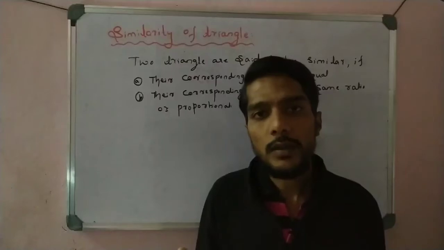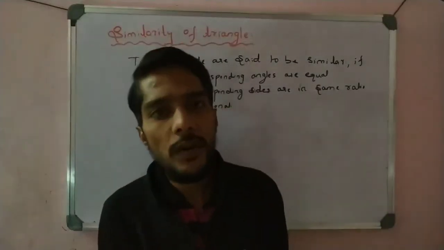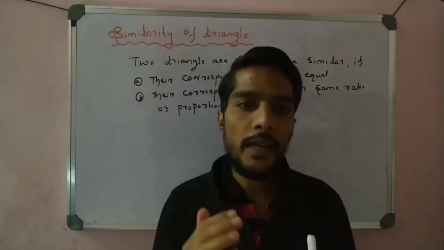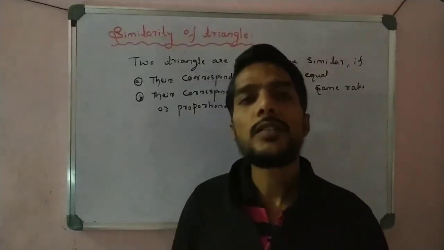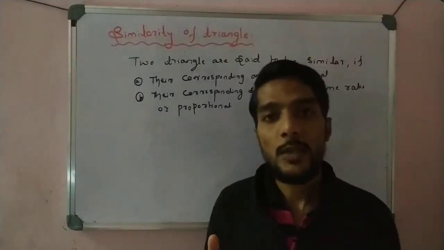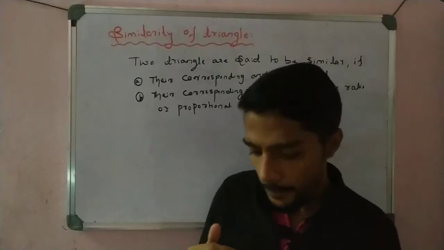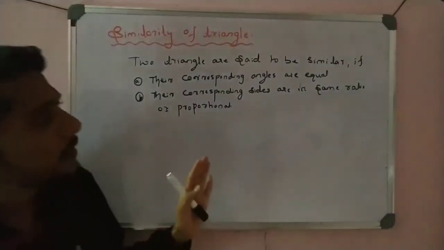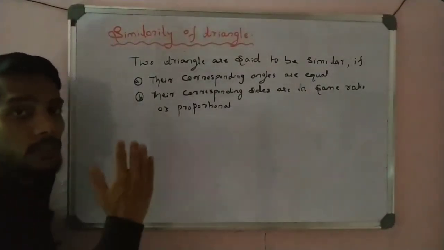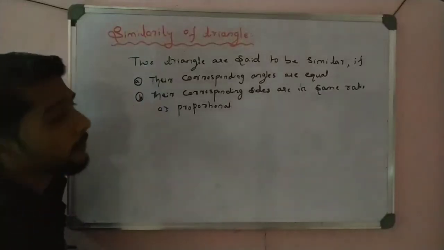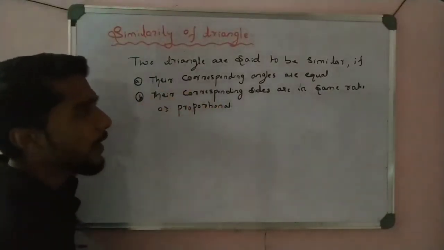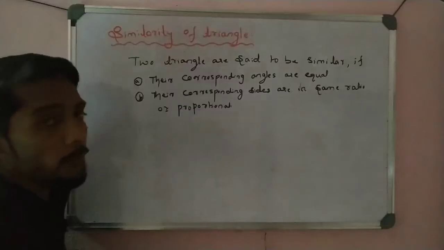When this relation is satisfied by any triangle, we say that it is a similar triangle. Let us start that theorem. But first, please write down this definition in your notebook, as the examination may ask you to define similar triangles: corresponding angles are equal and corresponding sides are in the same ratio or same proportion.